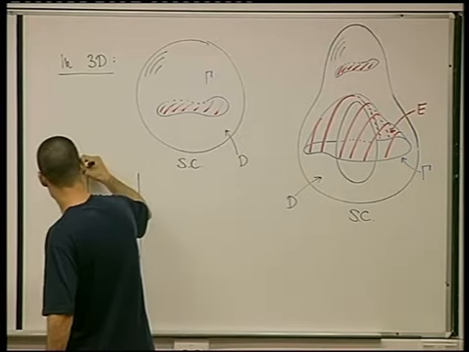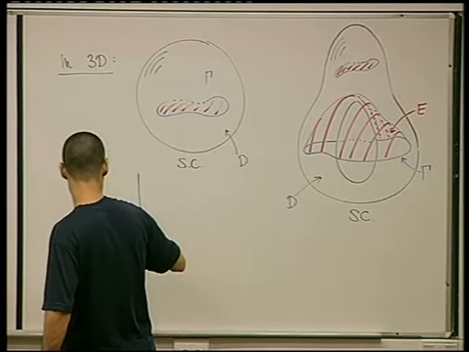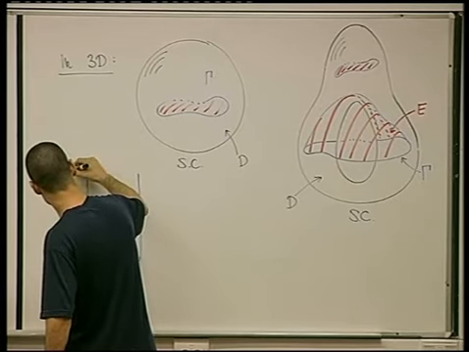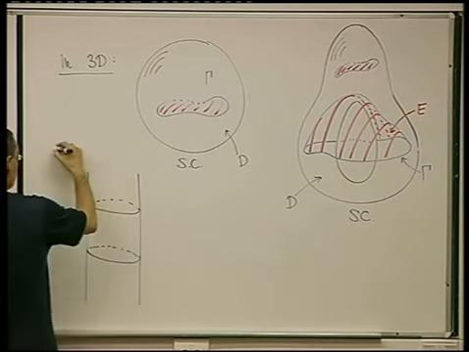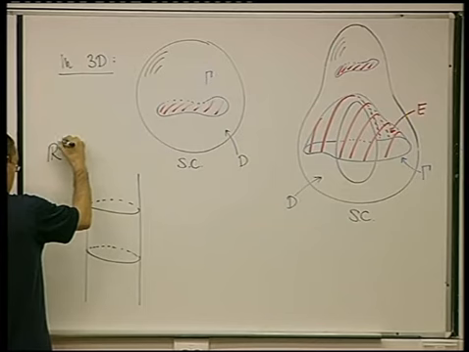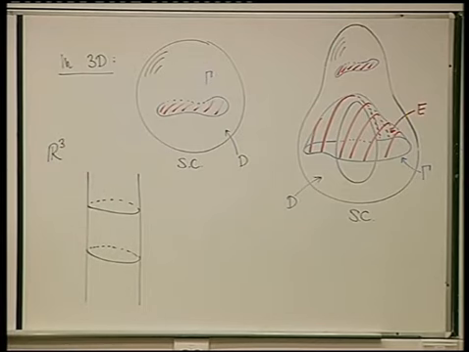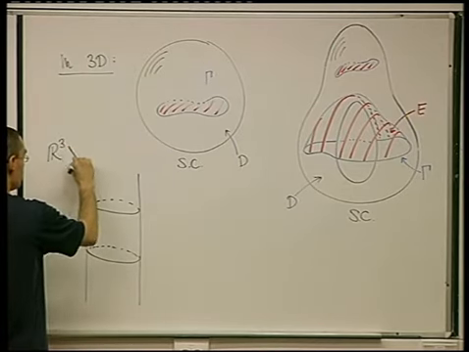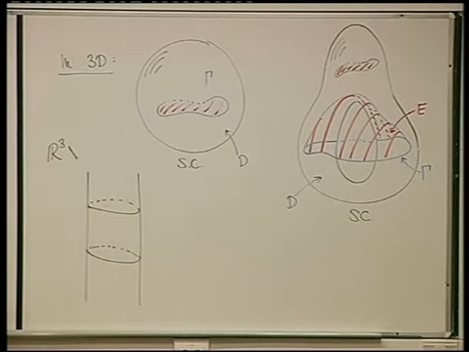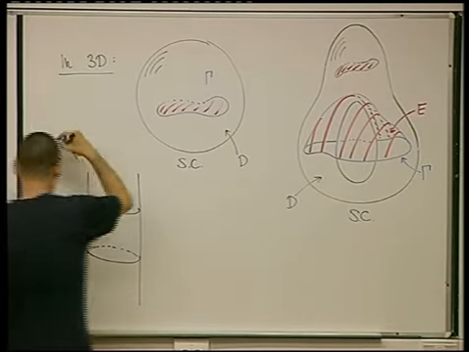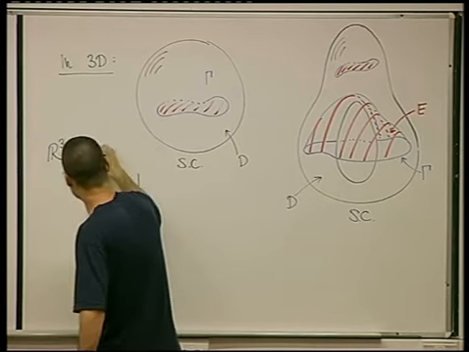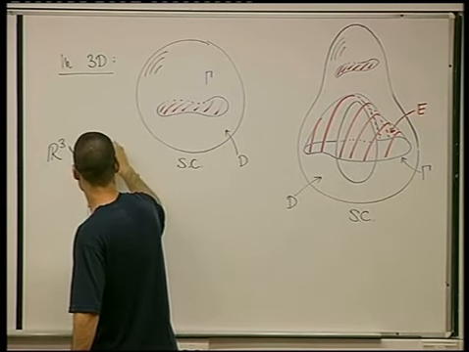How do I draw that? Oh boy. Let's think of the entire space R3 minus a cylinder. So this is the cylinder itself, right? So I'm taking the entire space R3 minus a cylinder.